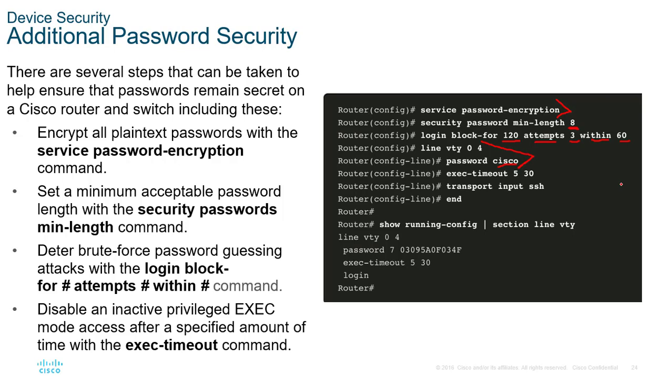So if the router receives 3 invalid login attempts within a minute, it will block that login service for 2 minutes, and then that would slow down a brute force attack. And you can alter any of these parameters in the router for this particular command. You can bump it up or down, however your policy is for your company or organization.